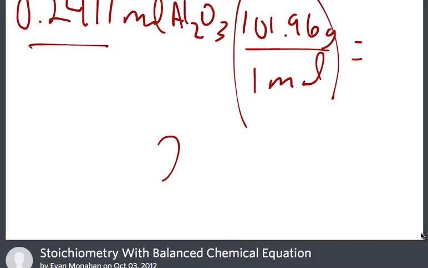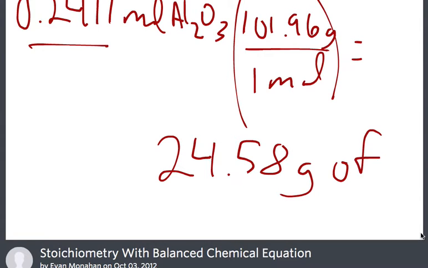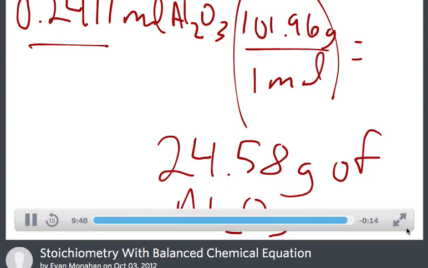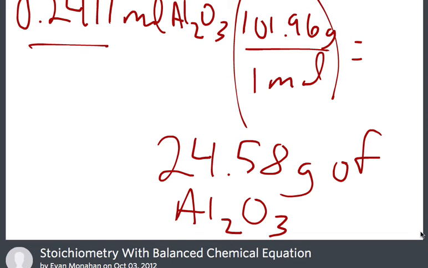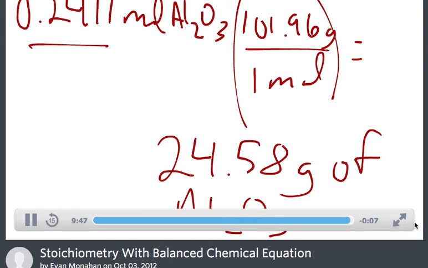So my final answer was 24.58 grams of aluminum oxide. Right, and those are the 4 steps in solving for an unknown substance using a balanced chemical equation. The key there is balanced, it's got to be balanced.